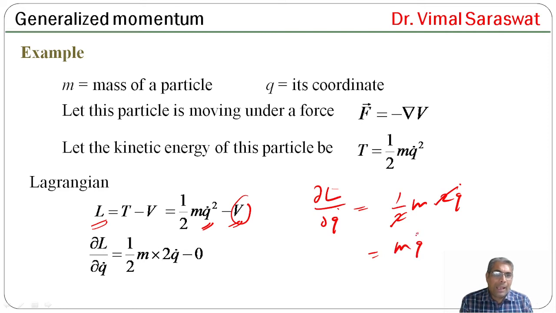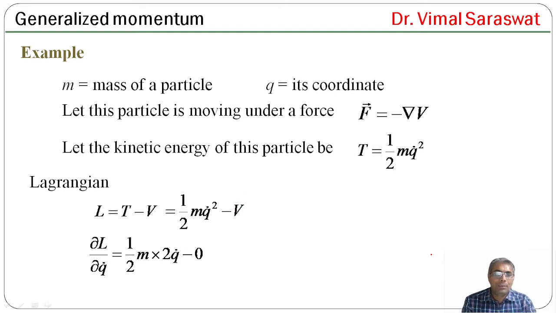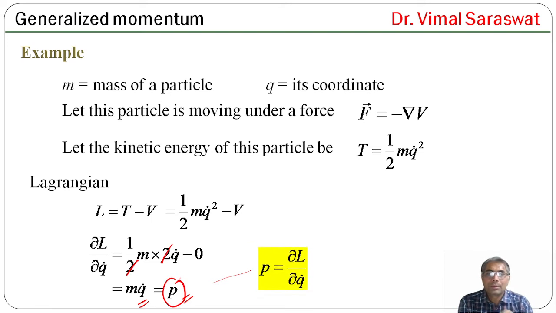So this will be m q dot, and q dot is velocity, and m into v is the momentum. So this will be p, which is the canonical momentum or momentum. So p is equal to del L upon del q dot.